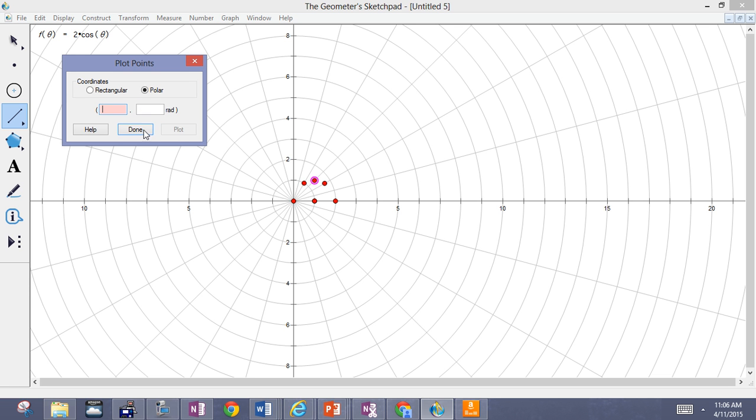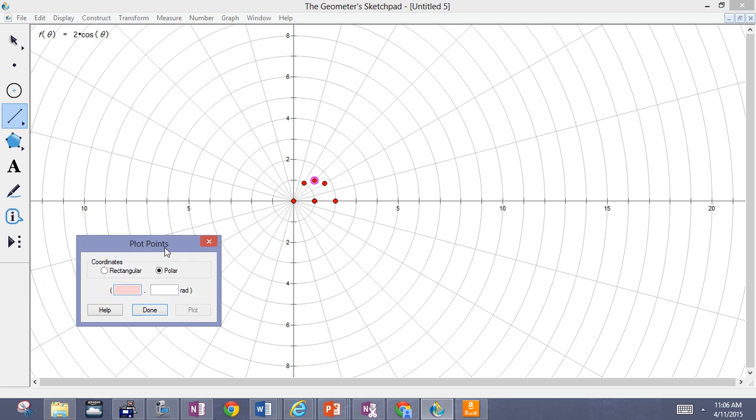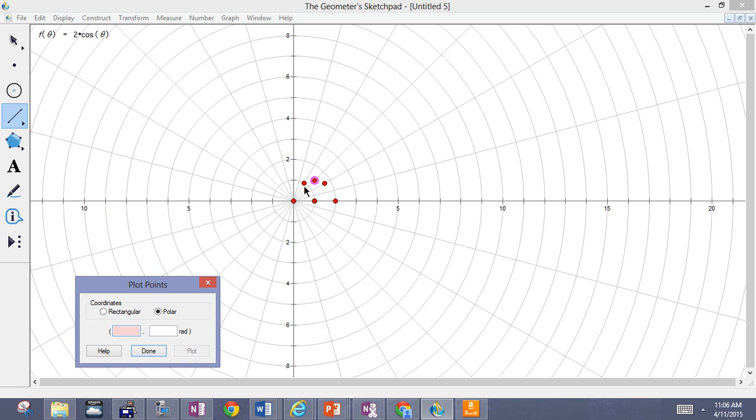So now that we've got those plotted, we're going to suspect, as we saw, that the graph of 2 cosine of theta is symmetric about that polar axis, which means each one of these points should have a match below here.